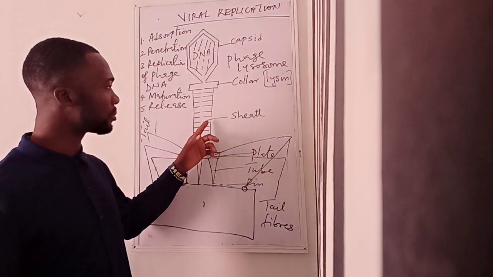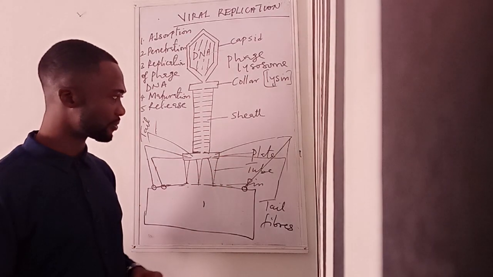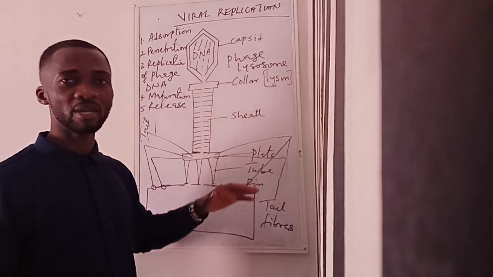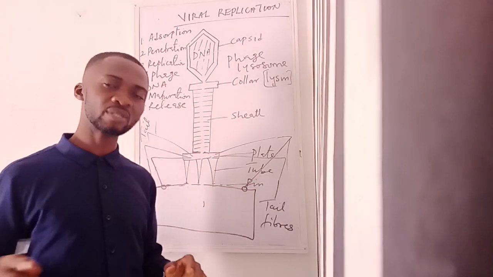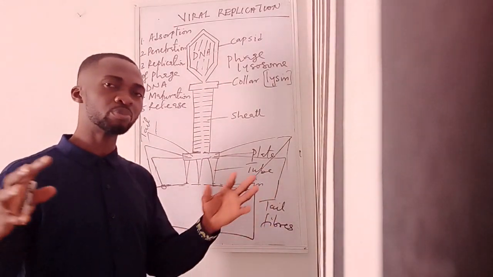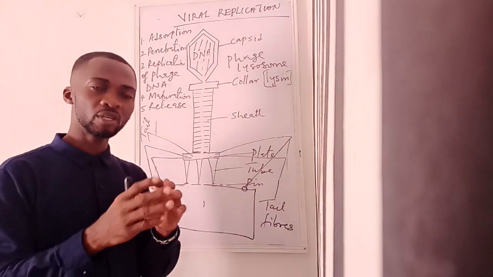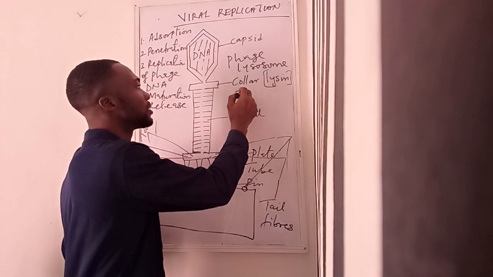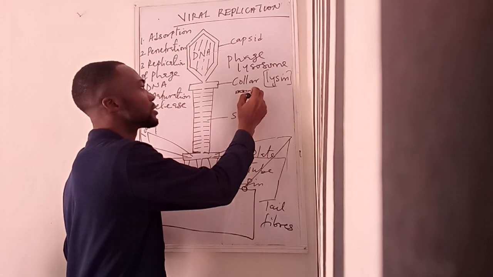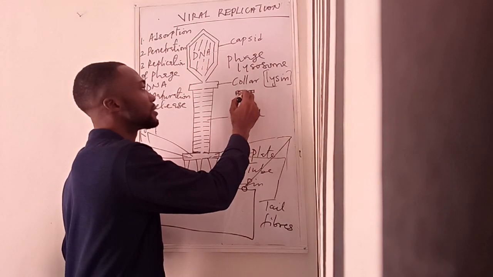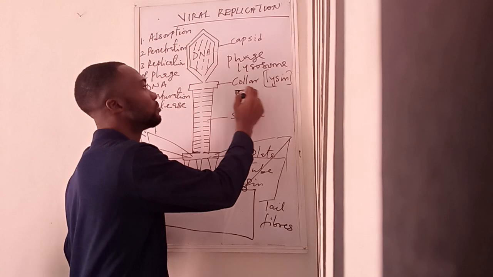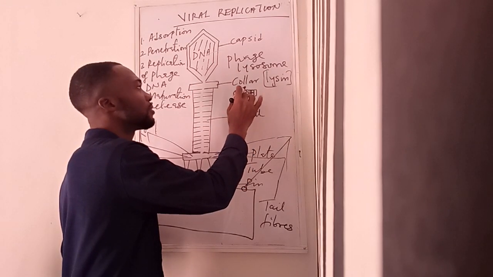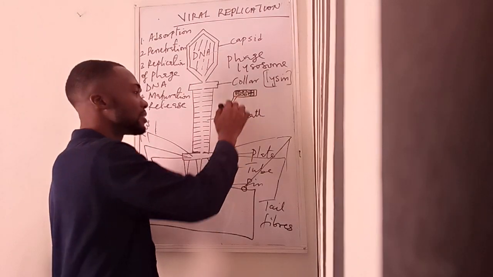So all these components that are produced, for instance, when it comes to the capsid, we have capsomeres, the subunit proteins that make up the capsomeres. All those subunit proteins will now come together and be arranged in such a way that they form the capsid.